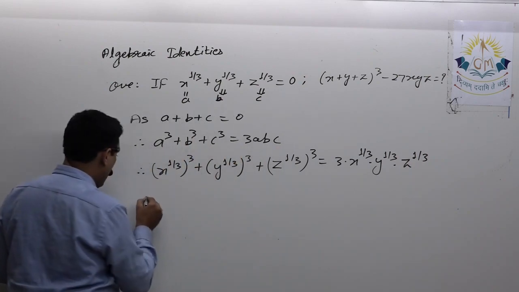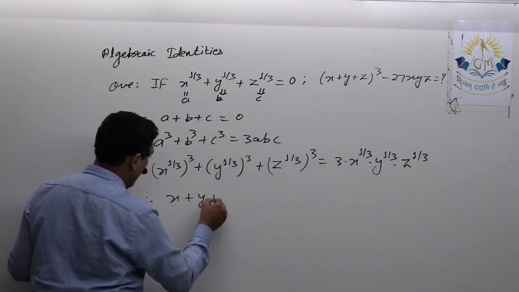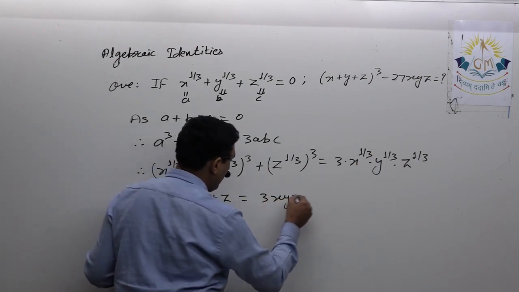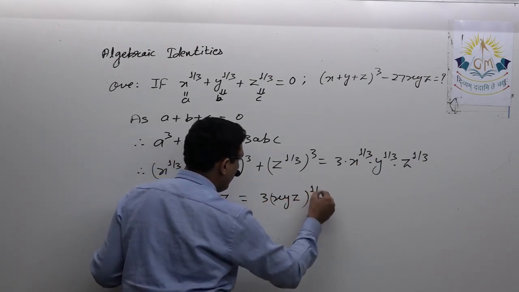So over here I get x plus y plus z is equal to 3 times xyz raised to 1 by 3.